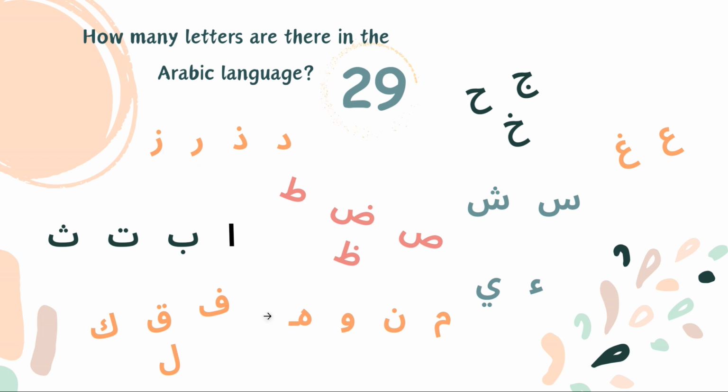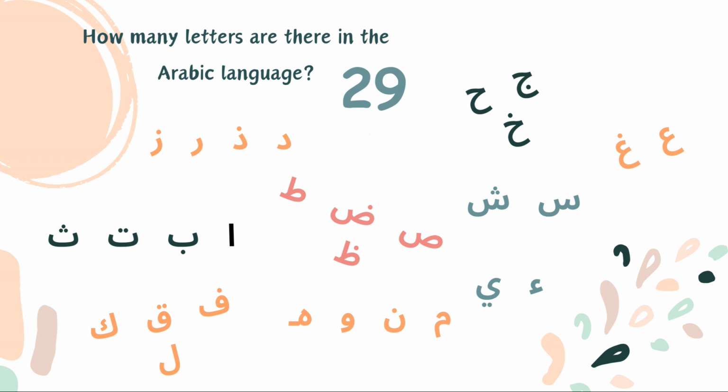Ain, ghain, fa, qaf, kaf, lam, mim, noon, waw, ha, sad, dad, ta, dha, sin, shin, hamza, ya, and so on. Now, these letters together are 29 letters. Each one of them has its own specific articulation point.